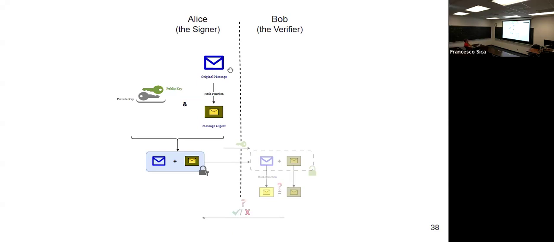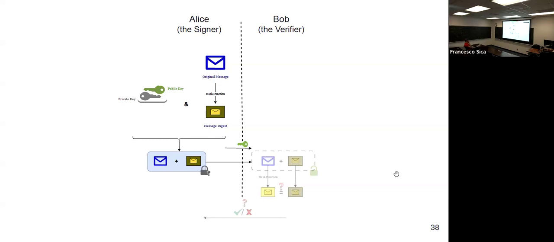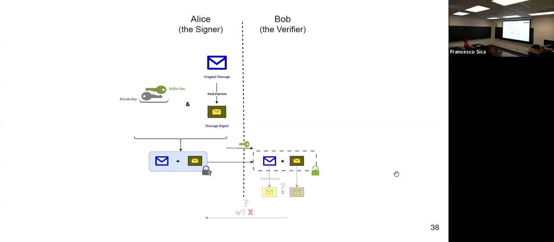As you can see, the signer Alice has her private and public key. She will sign the hash message digest using her private key, and send it to the verifier Bob, while also sending her public key to Bob.